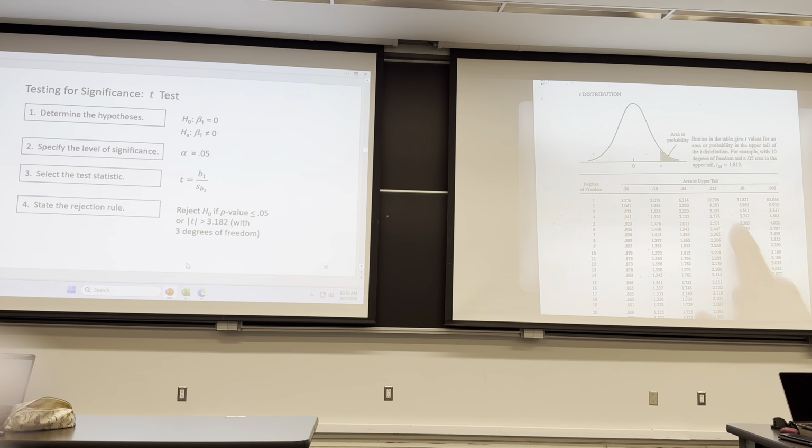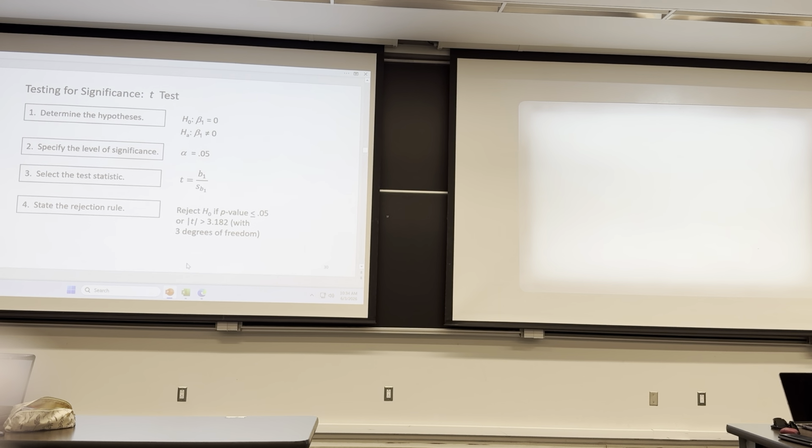So you should be looking under 0.025. With 3 degrees of freedom the value is 3.182, so it is plus or minus 3.182. So we found our critical value.